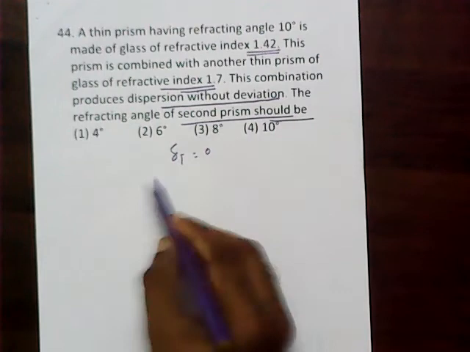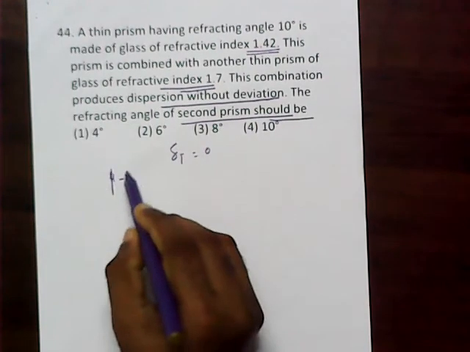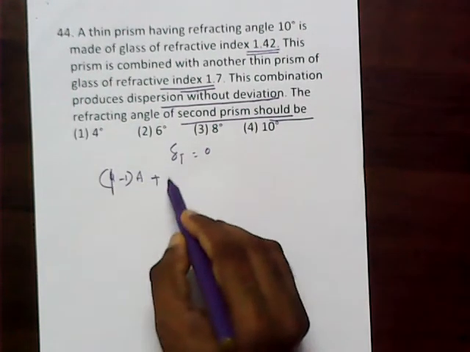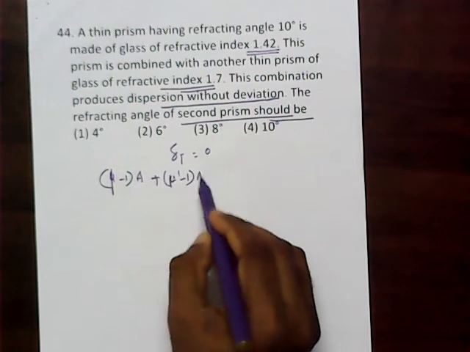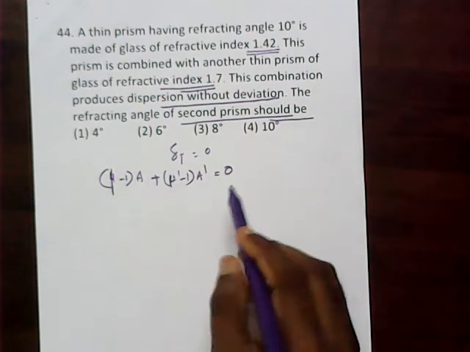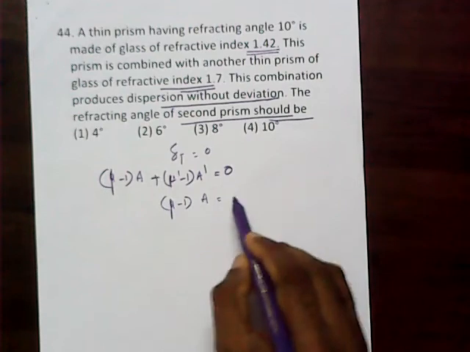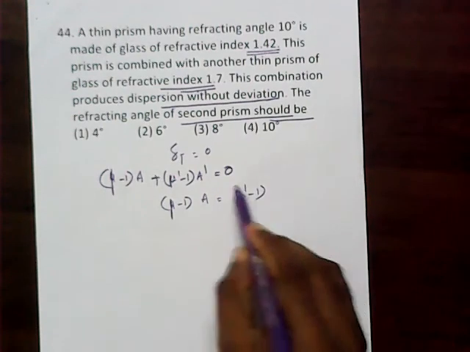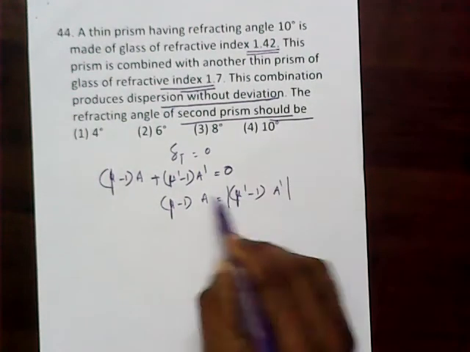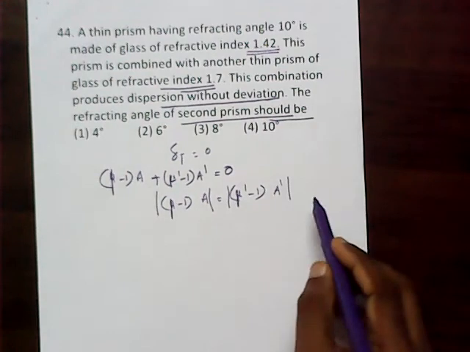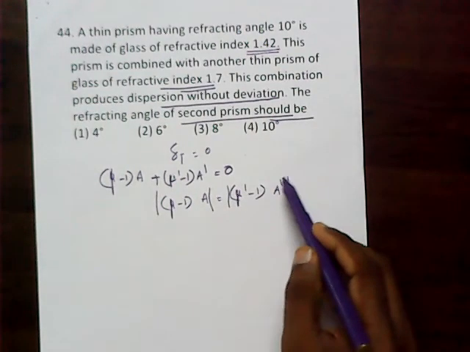For the two cases, we can write mu minus 1 into A plus mu dash minus 1 into A dash should equal 0. In magnitude, we can write mu minus 1 into A should equal mu dash minus 1 into A dash. So the minus sign can be purposely avoided. Then our aim is to find A dash.